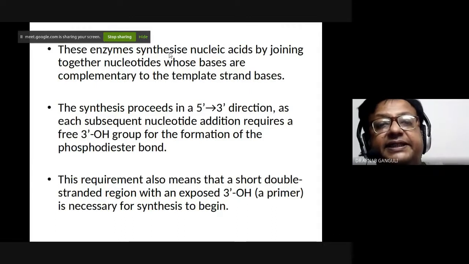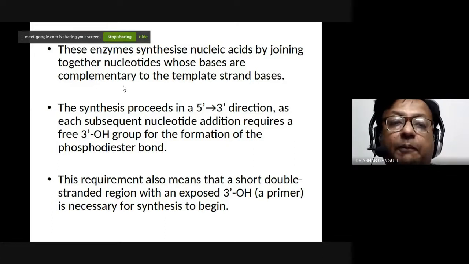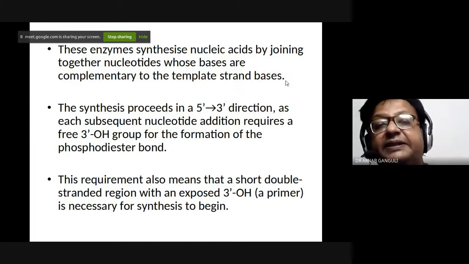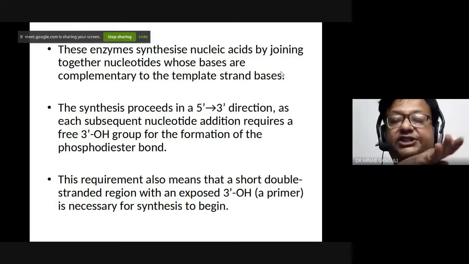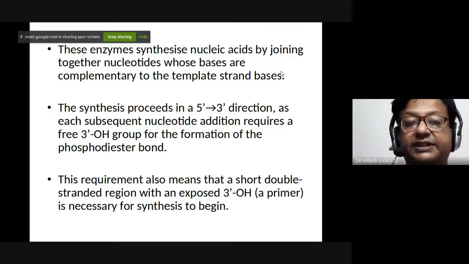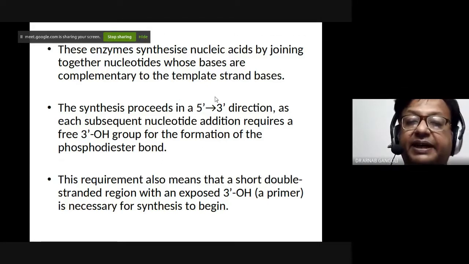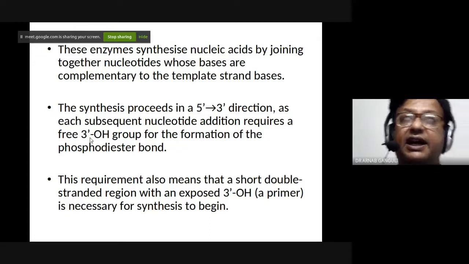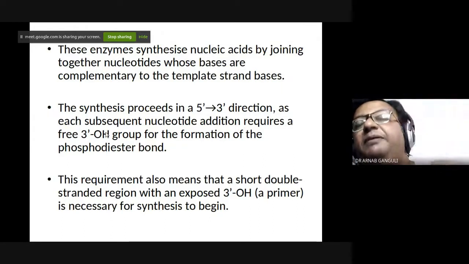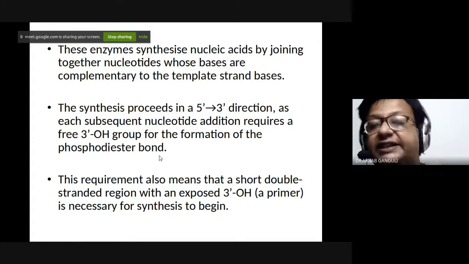These enzymes synthesize nucleic acids by joining together nucleotides whose bases are complementary to the template strand bases. So on one strand, the complementary strand is synthesized on the other side. Synthesis, as you know, proceeds in the 5' to 3' direction and requires a free 3' OH group for the formation of the phosphodiester bond.